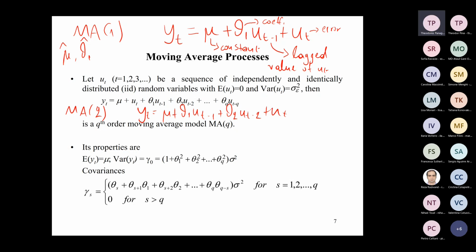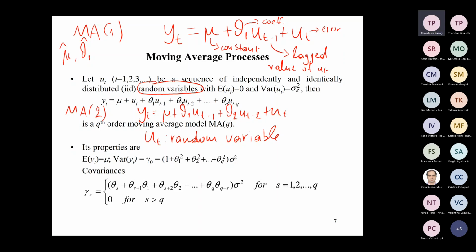Now ut is a random variable. So what in effect is a moving average model telling us?